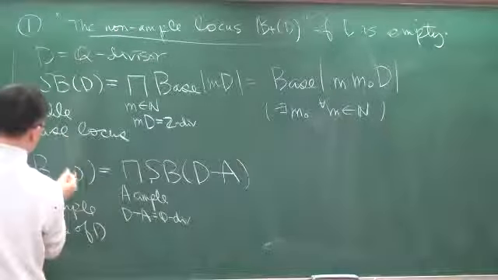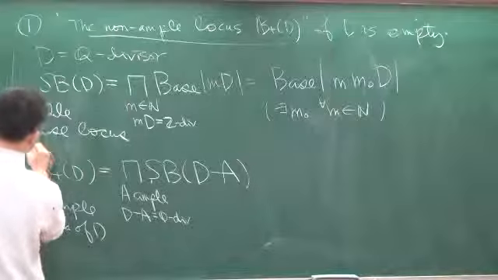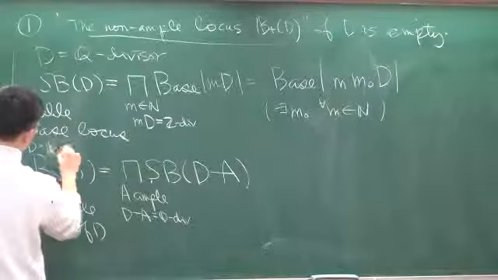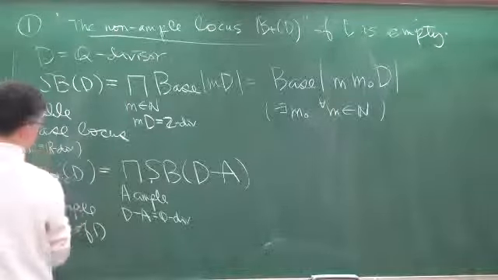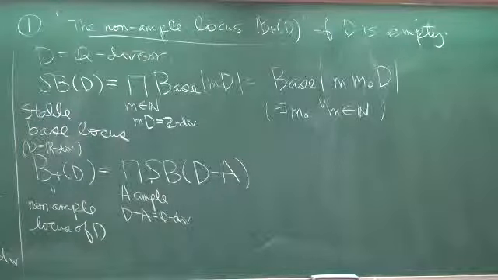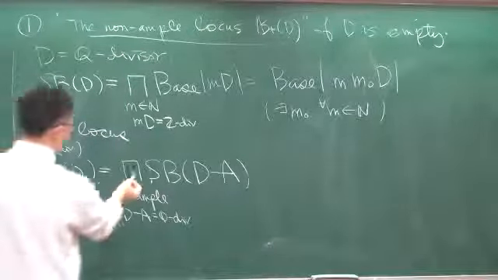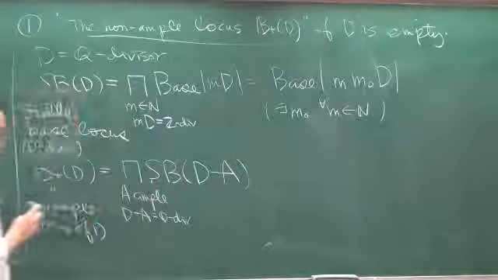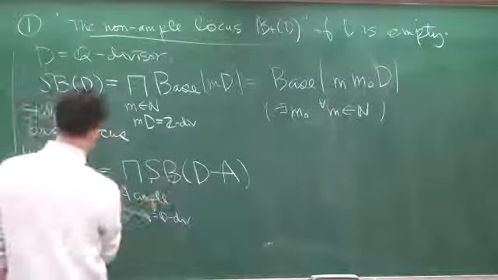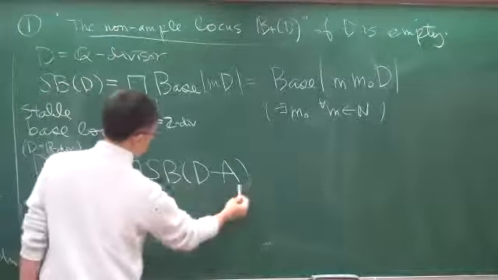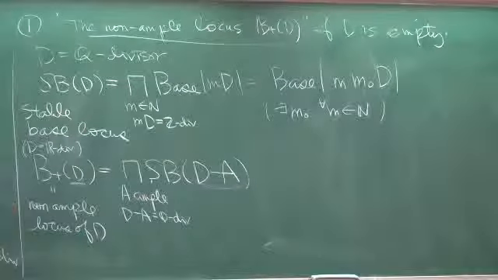Okay, so here D is an R-divisor, and you take all such intersections, but here we have Q-divisors.